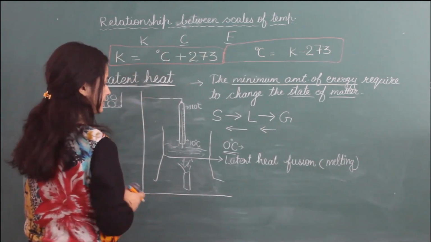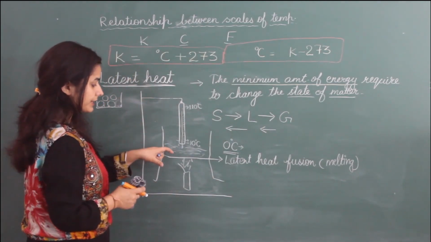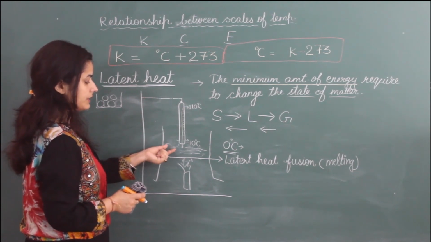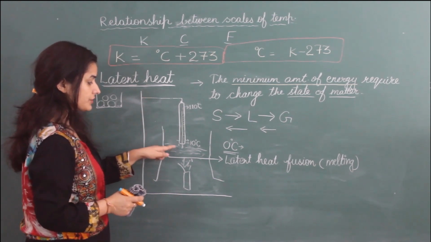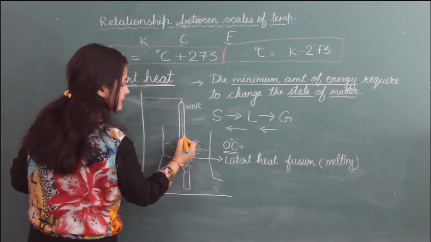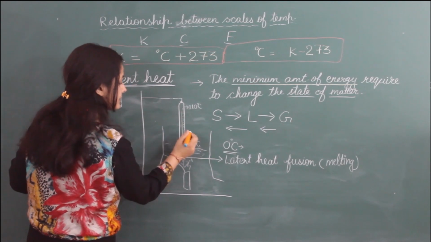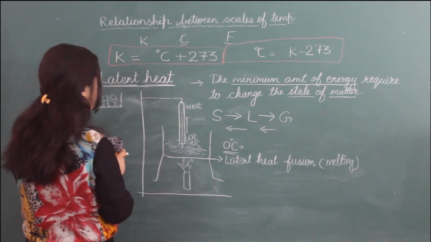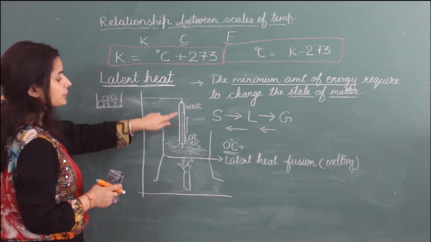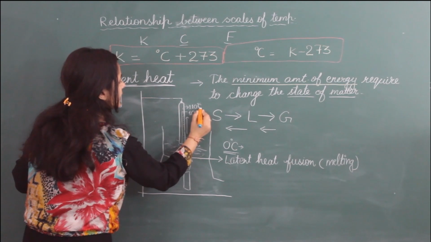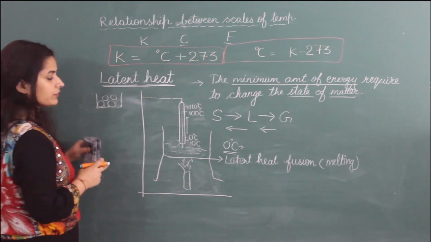Now the second case we are taking. At 0 degrees Celsius ice completely converts into liquid, and now the temperature of this liquid starts to increase from 0 degrees Celsius up to 100 degrees Celsius in the thermometer. 100 degrees Celsius is the boiling point of water.